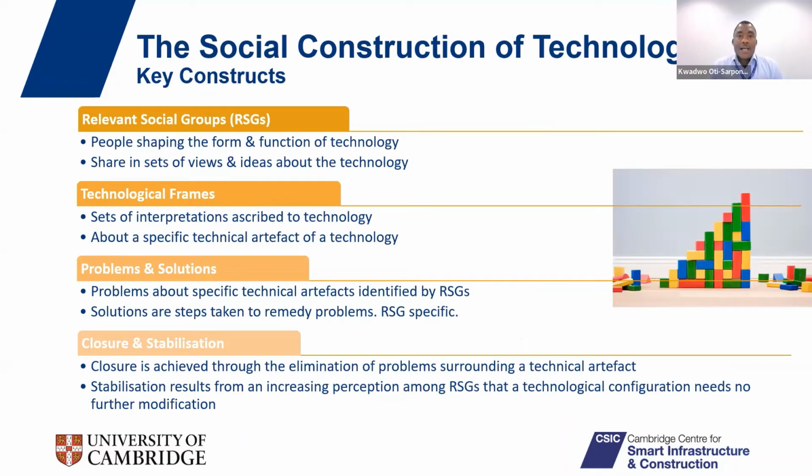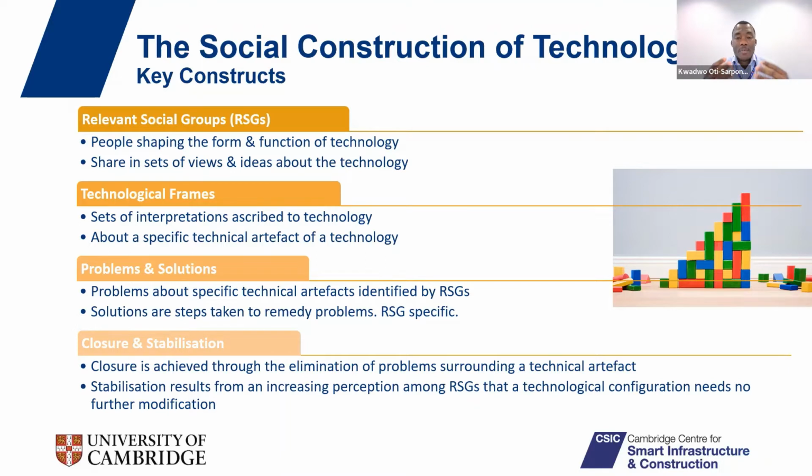The key constructs guiding this theoretical lens for looking at how technology evolves in a given place can be grouped into four. We've got relevant social groups, and these are people who are shaping the form and function of technology, and they share sets of views or ideas about the given technology in question.